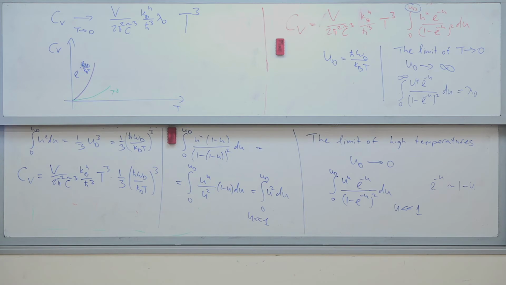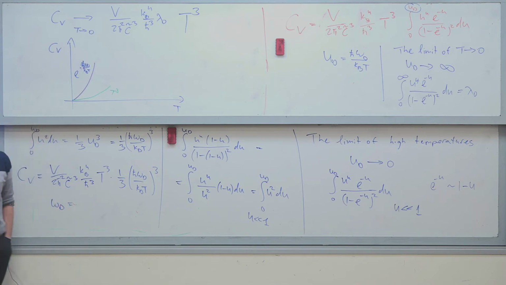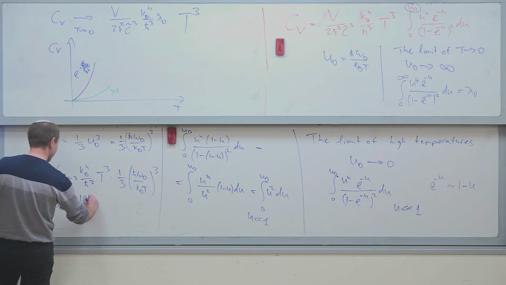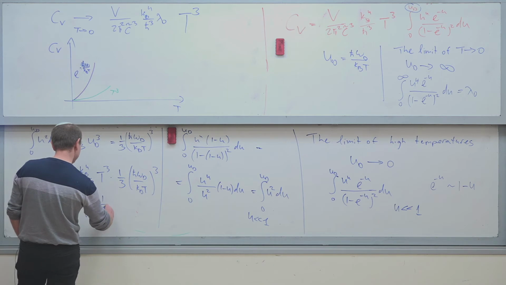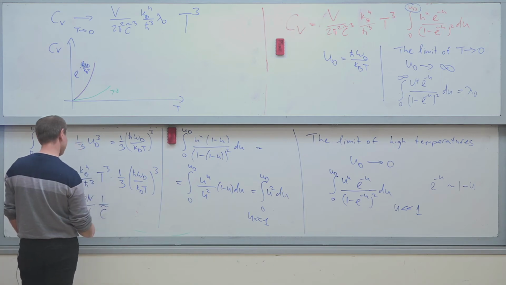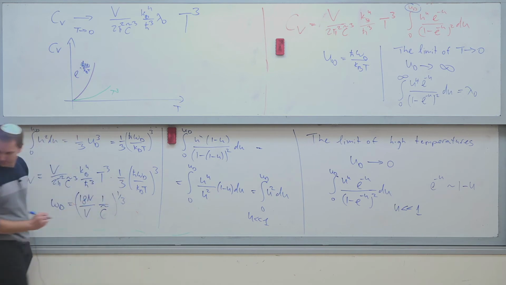What is this omega Debye? Omega Debye is this 18 something something something. So omega Debye is 18 n divided by V, times 1 over c tilde, to the 1/3.